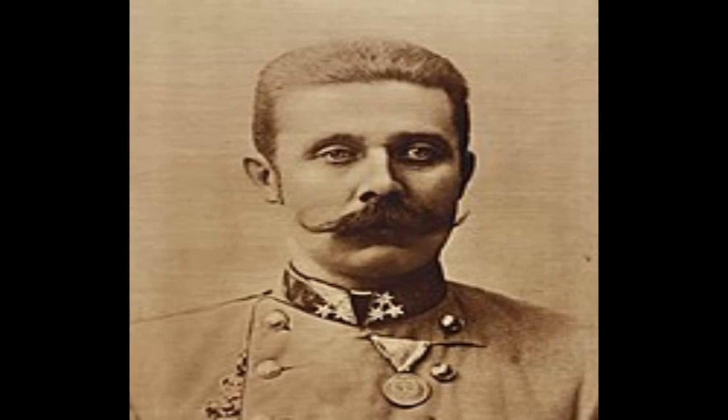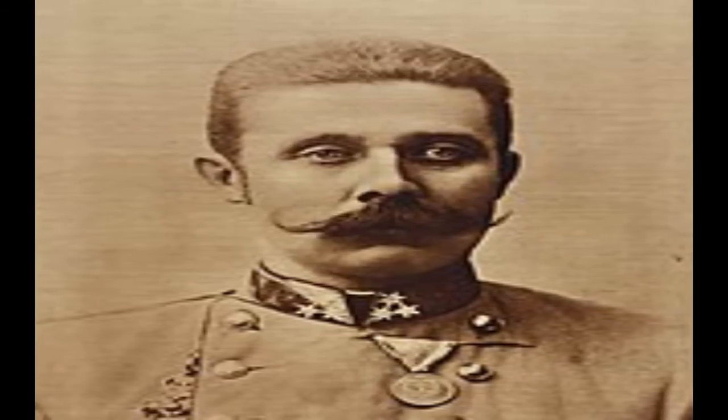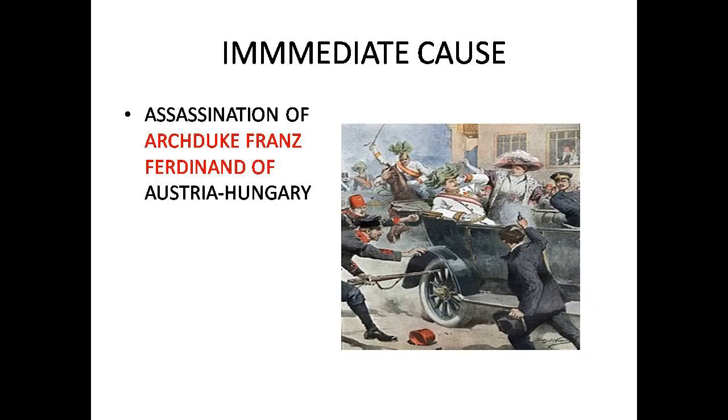Immediate cause. On June 28, 1914, a Bosnian Serb named Gavrilo Princip assassinated the Crown Prince, Archduke Franz Ferdinand, and his wife Sofia of Austria-Hungary. Austria asked Serbia for an explanation, and the reply was unsatisfactory.